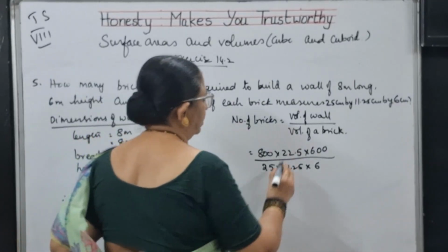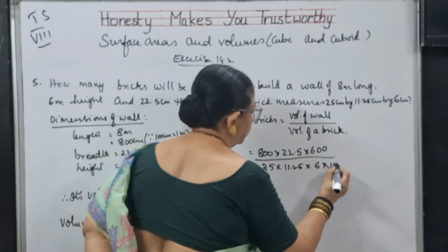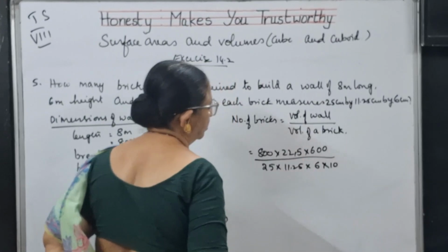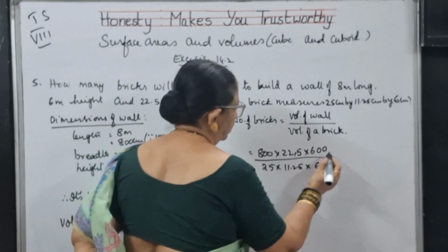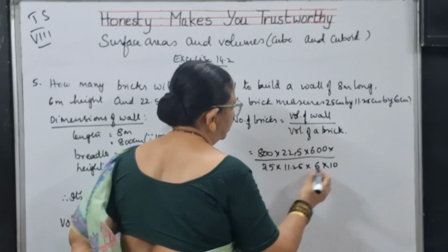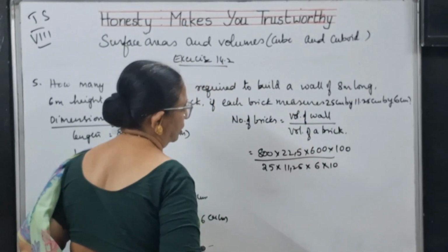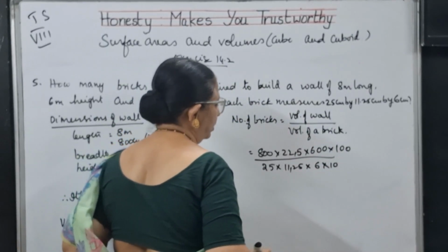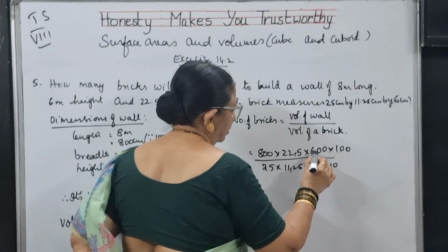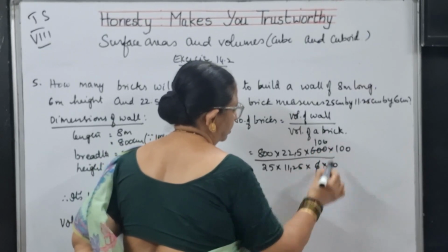So to remove the decimal, I am multiplying by 10 here so that I can cut off this decimal. Here two decimal places are there, so multiply the numerator by 100, so you can take this out. It's very convenient for you, children, to do like this. 6 ones are 6, 600 are.